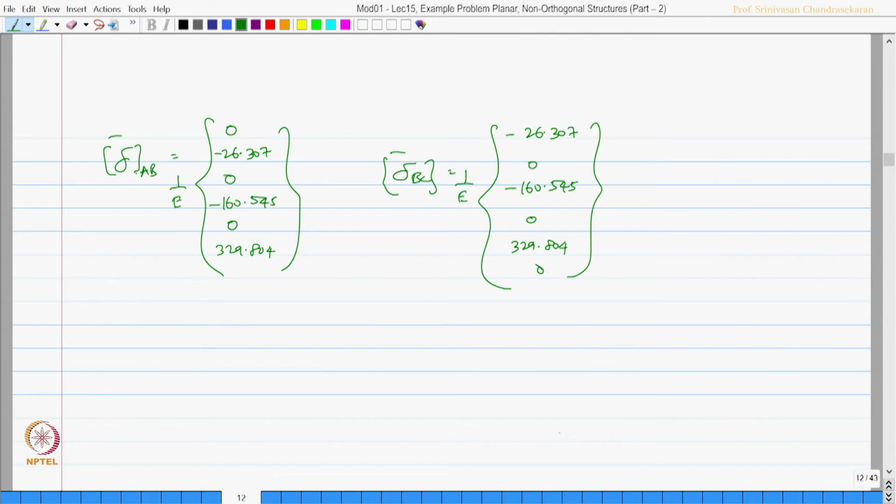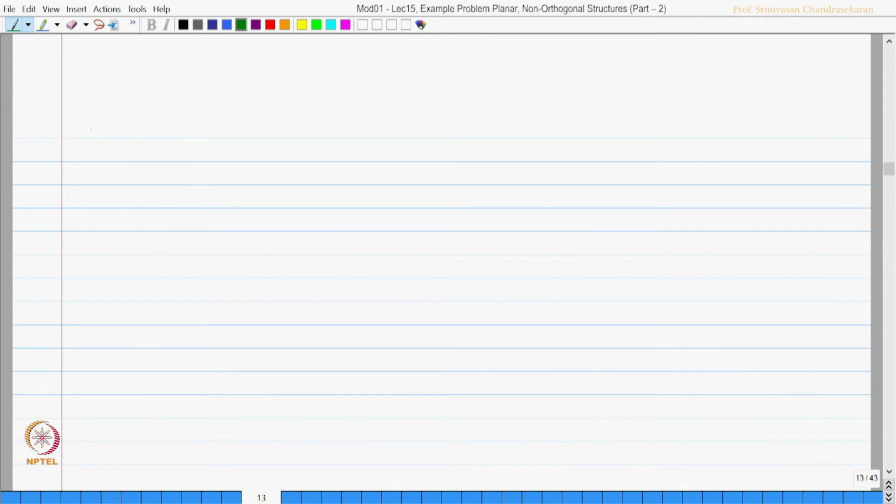Now, I want to find m bar, that is end moments and reactions of the member AB. In simple terms, if you want to find m bar of any ith member, it is k bar of the ith member times delta bar of the ith member plus fixed end moments of the ith member, is it not? So, by this logic I can now find m bar AB.